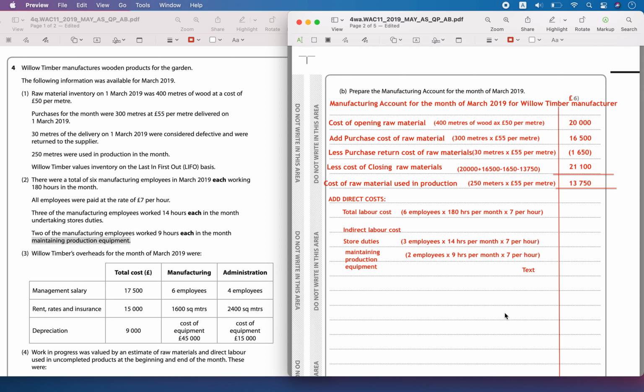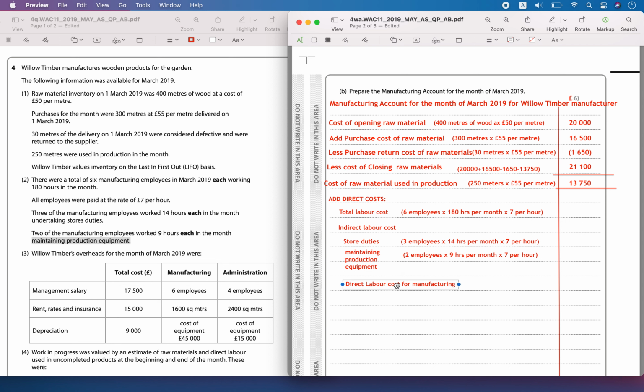Now let's calculate the direct labor cost. We have the total cost. There are 6 employees, but some of them are working for manufacturing and some are doing other things. The costs paid for other things are considered indirect costs.